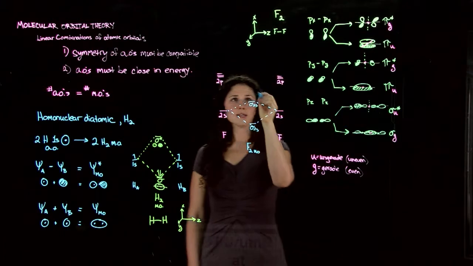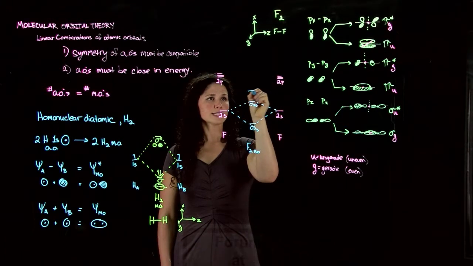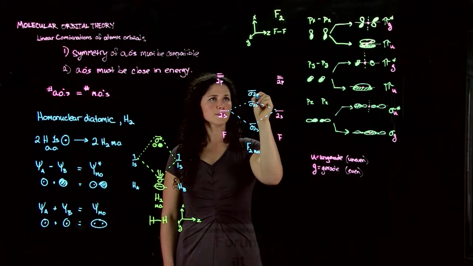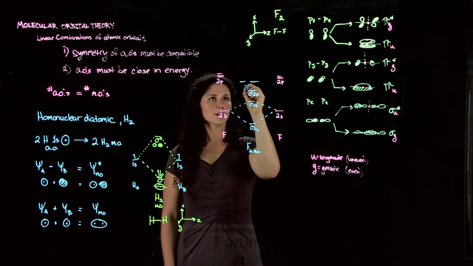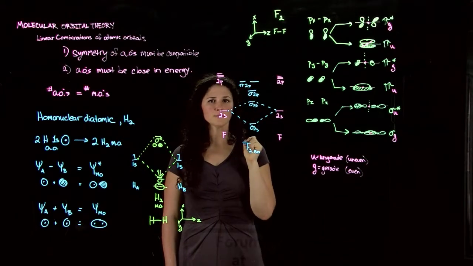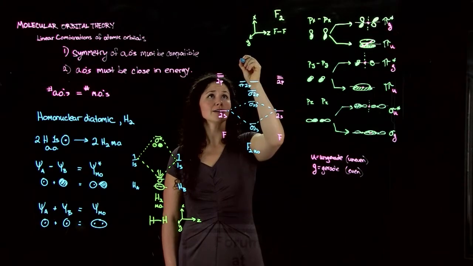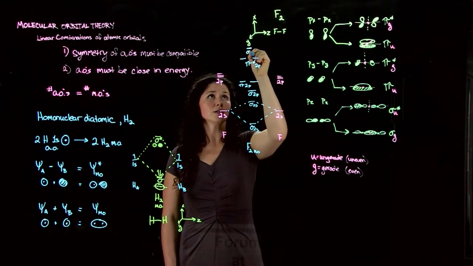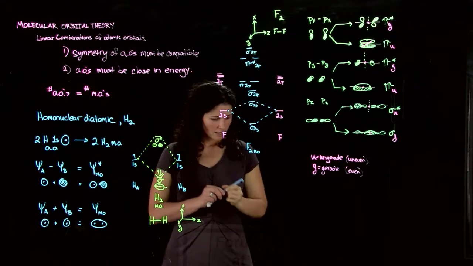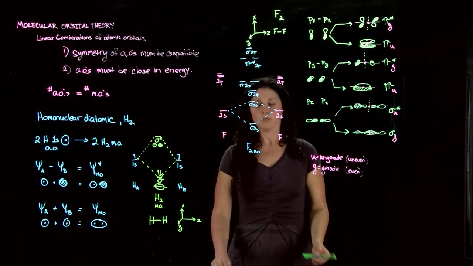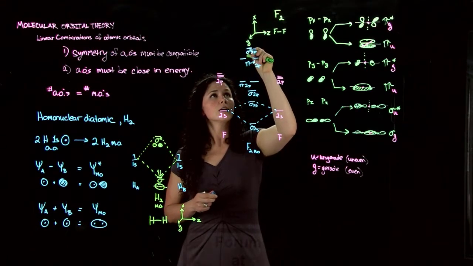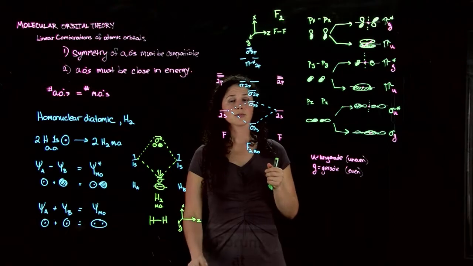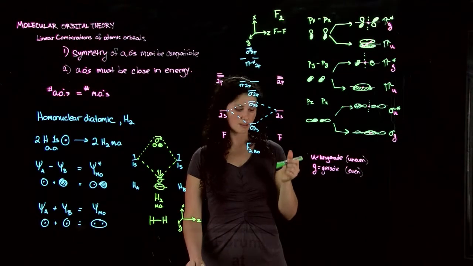With the 2p, I will have a sigma 2p bonding and 2 different pi 2p bonding. And then I will have pi 2p antibonding and also a sigma 2p antibonding. Oops, sigma star. And I should label these with my U and G subscripts.